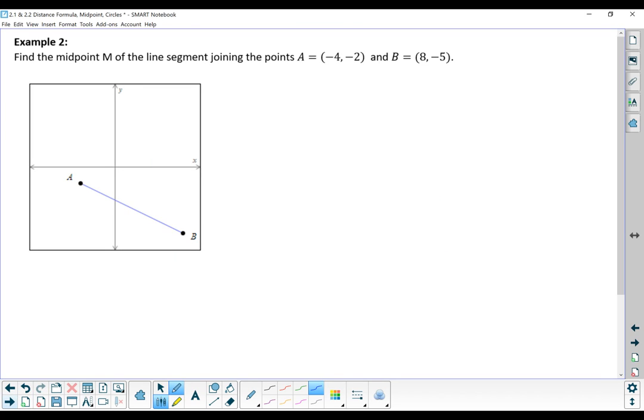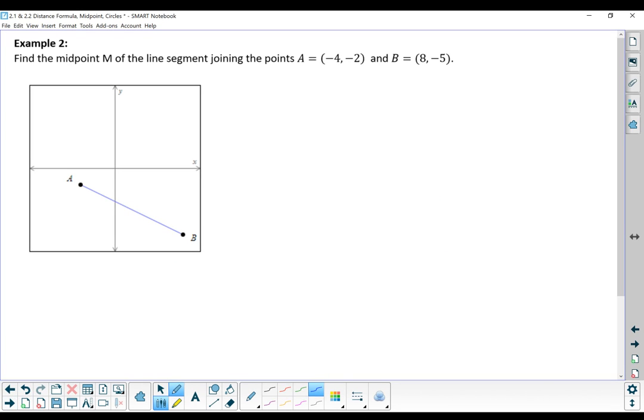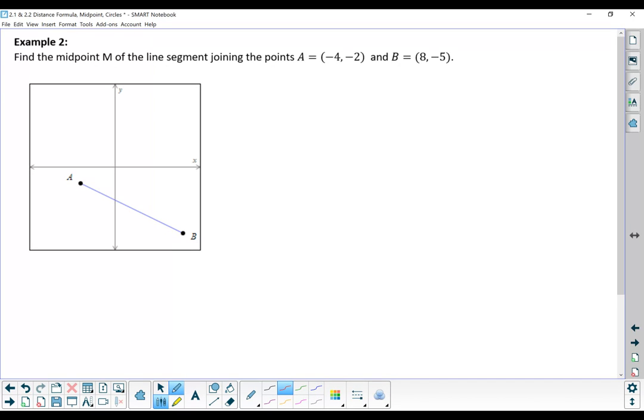So we're going to try to find the midpoint of this segment. And so, we're going to expect our answer to be somewhere around there. It's not quite the middle. Close enough. So again, it's just the average of the x's and the average of the y's.